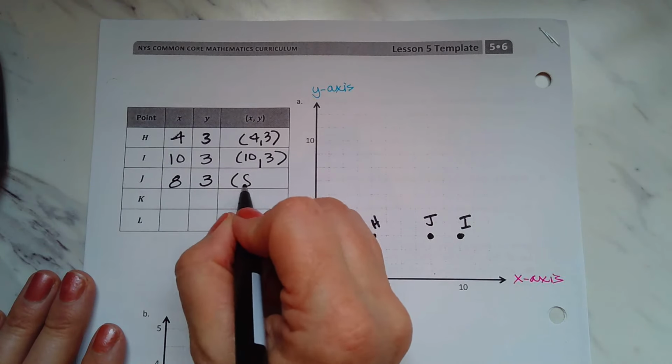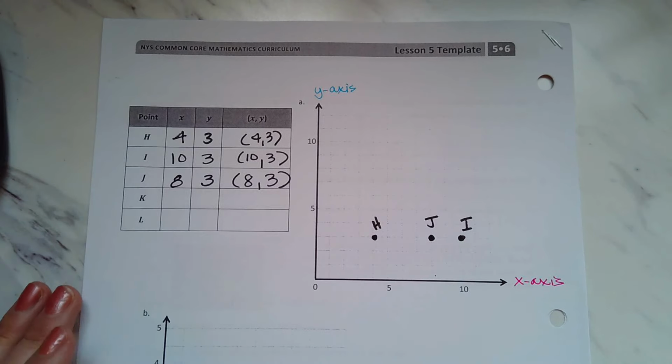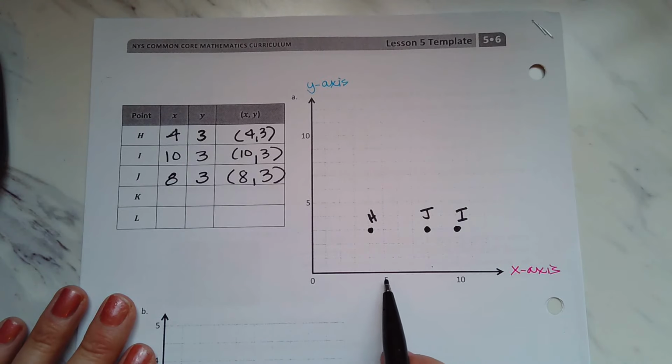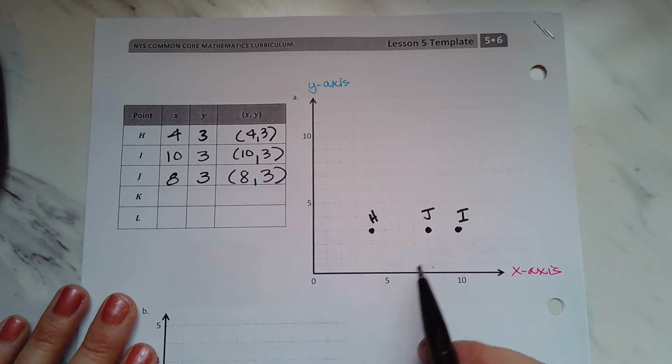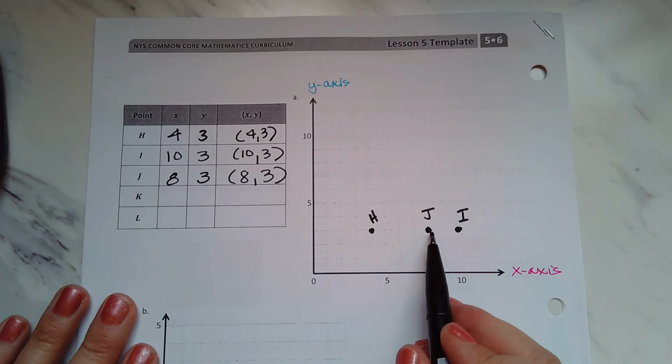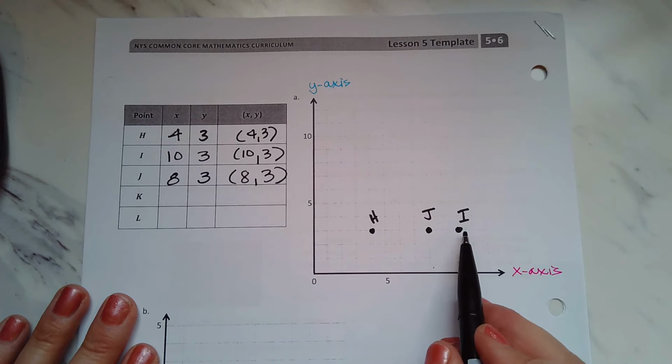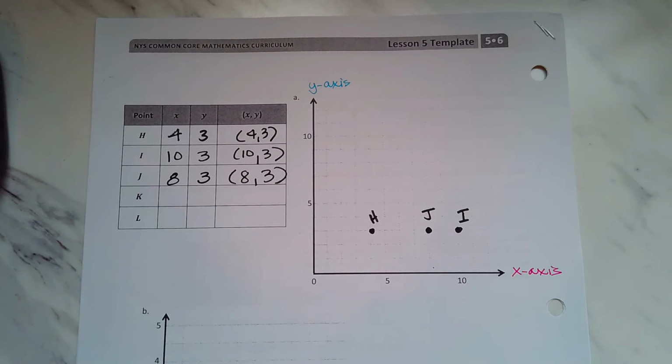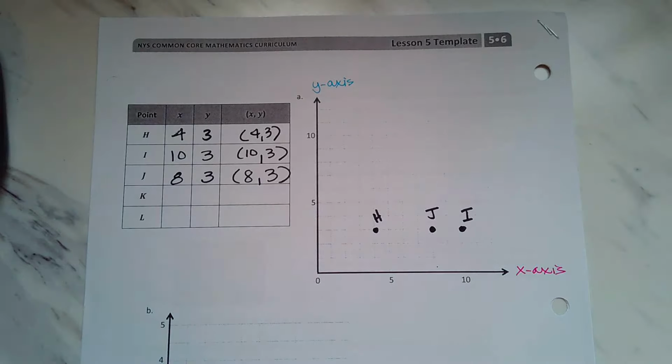It's just another way of stating what we know: go over 4 up 3, go over 8 up 3, go over 10 up 3. But you could also say it's that many units from X, that many units from Y.